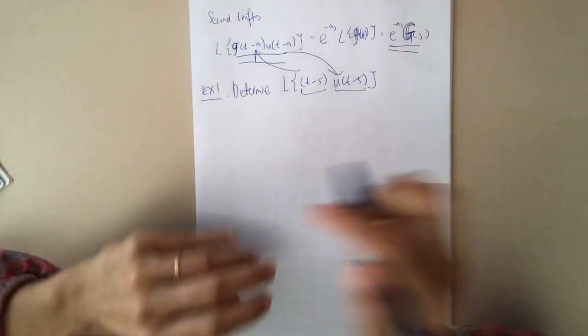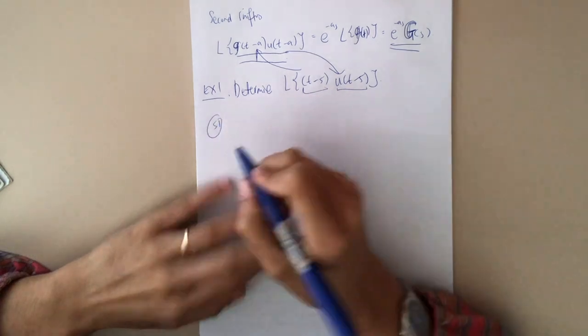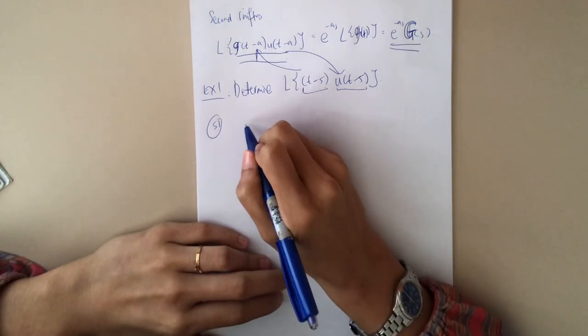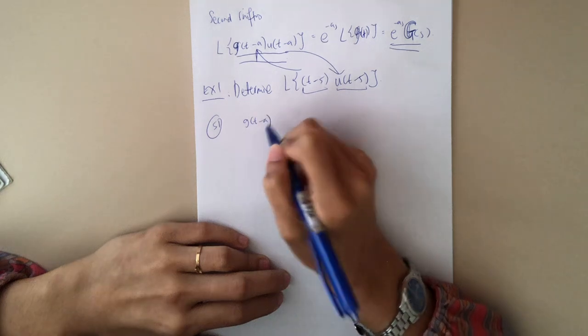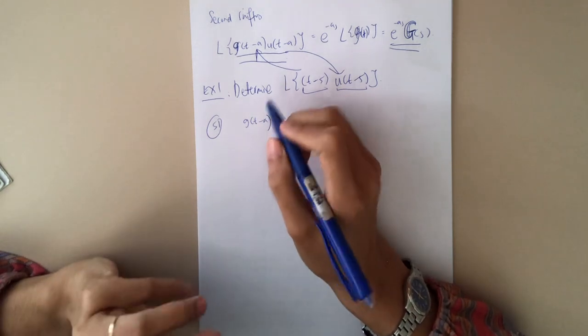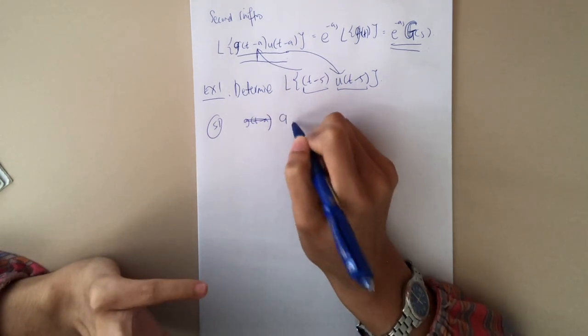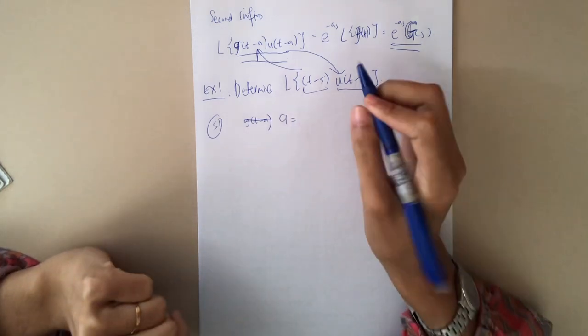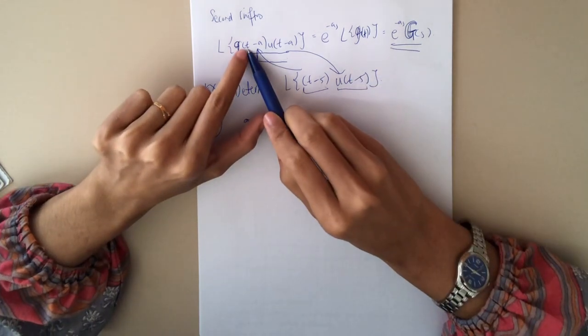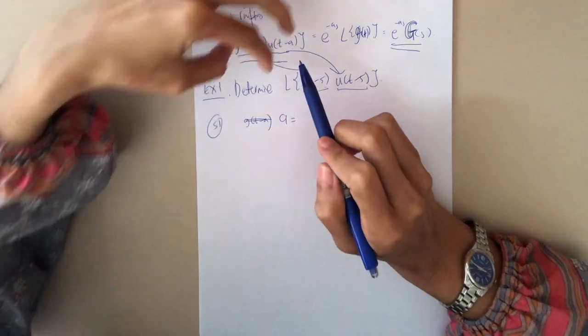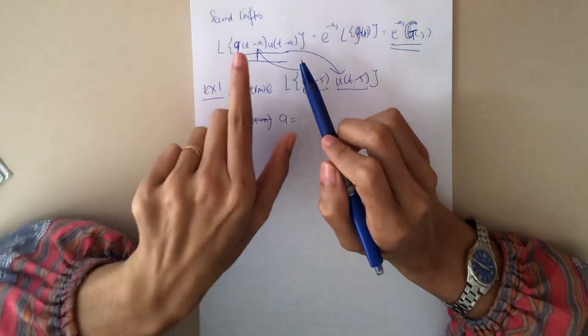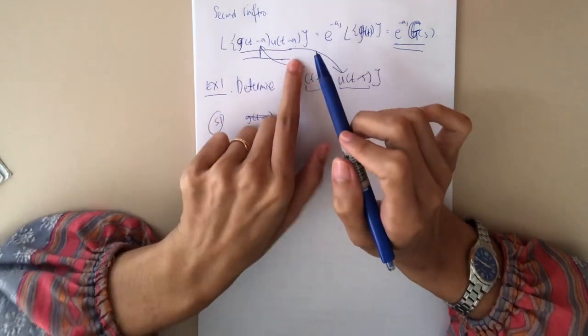So the first step is to write down your a first. What is your a here? You can see this is t minus a, and it must be equal. If here it is t minus 1, then here is t minus 1 also.